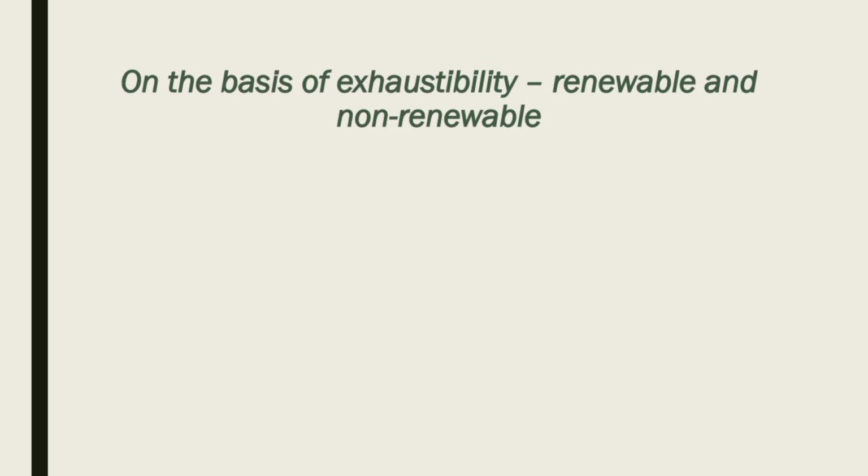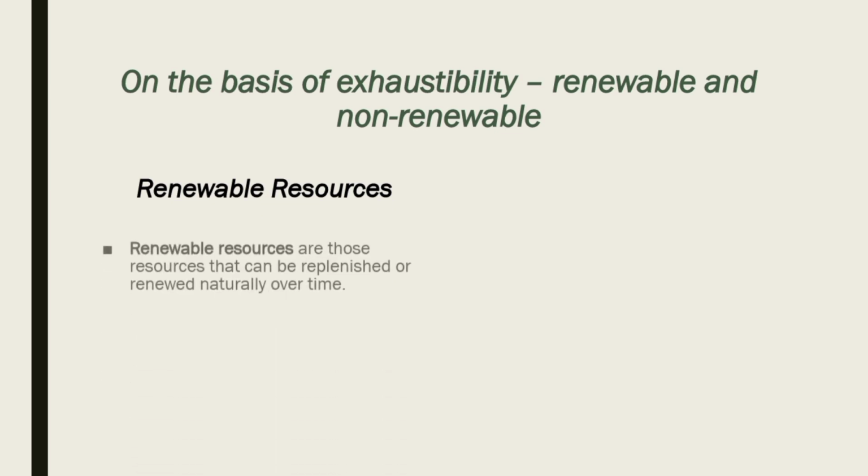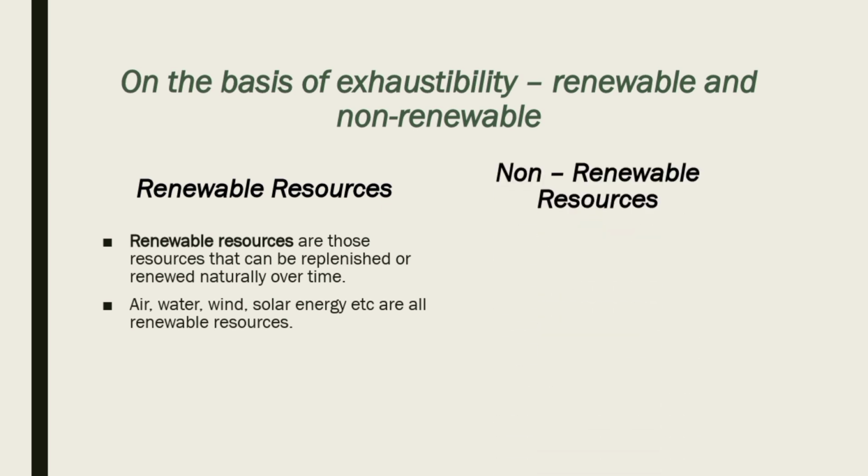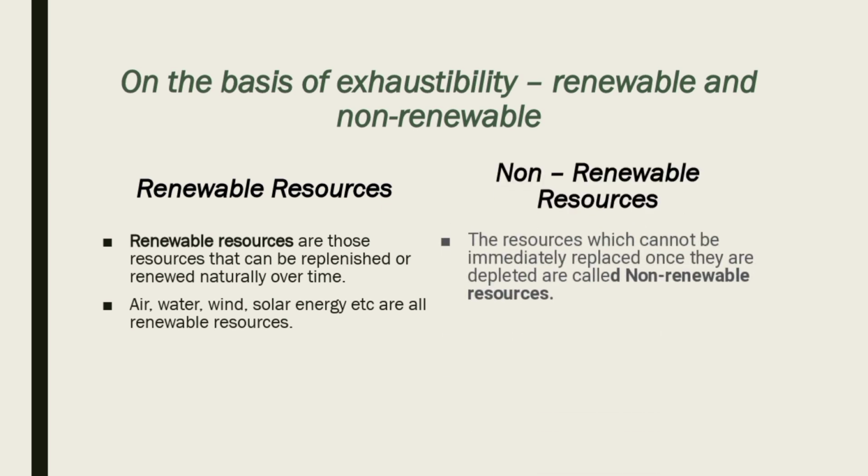On the basis of exhaustibility, there are also two types, renewable and non-renewable. Renewable resources are those resources that can be replenished or renewed naturally over time. Air, water, wind, solar energy are all renewable resources. Non-renewable resources are the resources which cannot be immediately replaced once they are depleted.